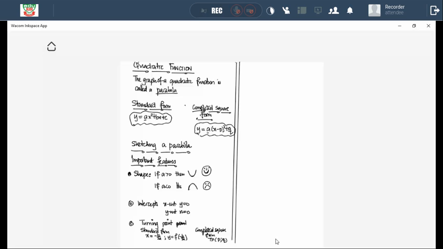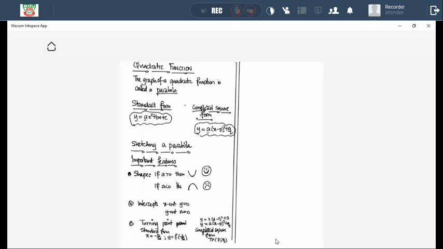Right. Remember, your completed square form is y equal to a(x minus p) squared plus q. So if you are given an expression like, say, y is equal to 2 in bracket x minus 1 whole squared plus 3, in this case your p is going to be 1 and your q is going to be 3.